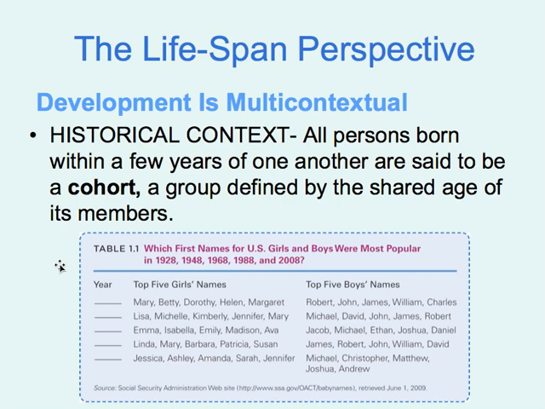And so, if you were born in 1928, you might be more likely to be named Mary, Betty, Dorothy, Helen, or Margaret. And that reflects a cohort effect.